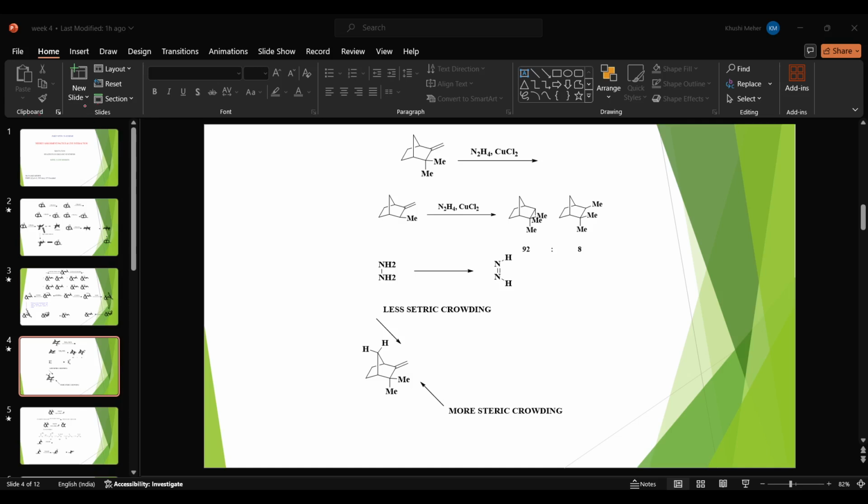If it is RR, then this carbon is not a chiral center. If both are SS configuration, then carbon 2 is not a chiral center. But if it is R and S with the same kind of atom present, that center is a chiral center.